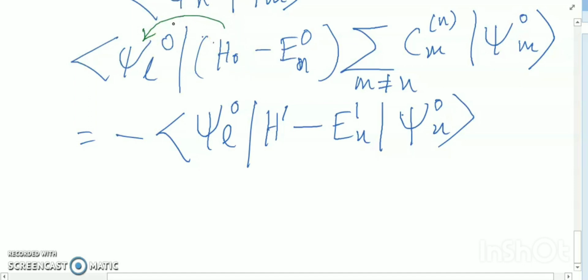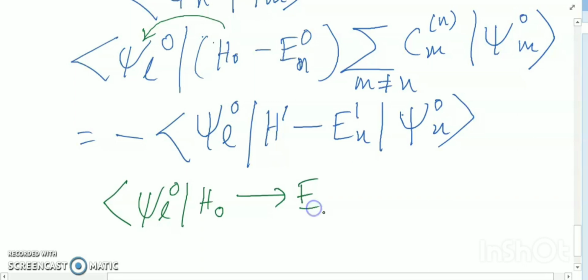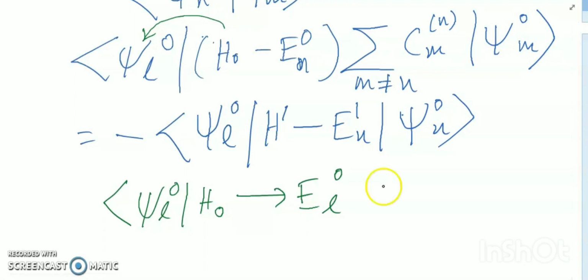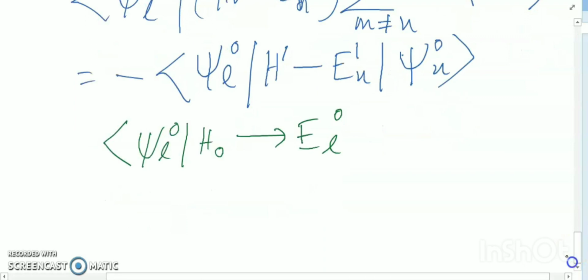We are going to get this value: psi l0 H0 gives E l0 psi l0.